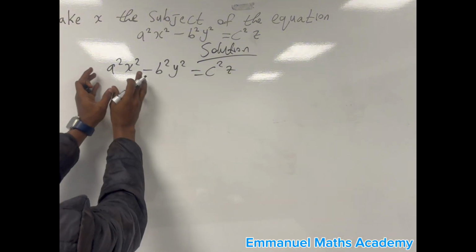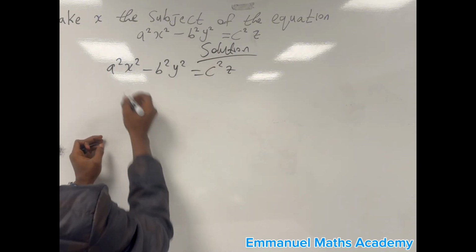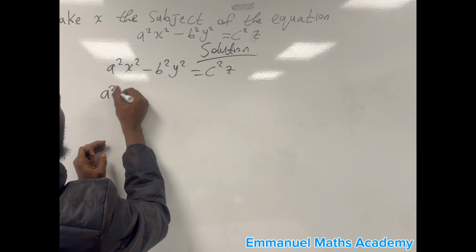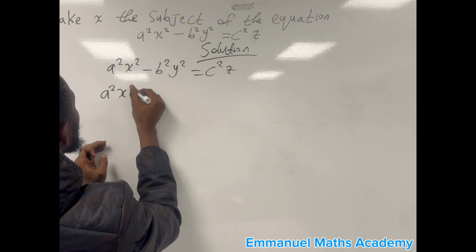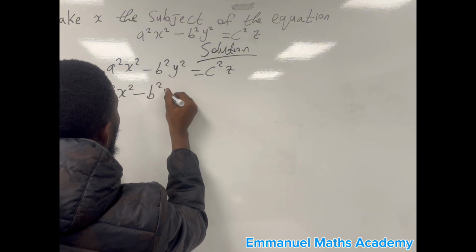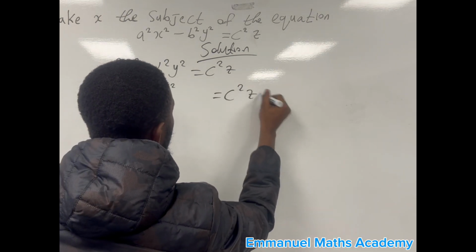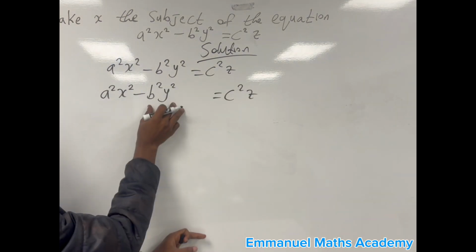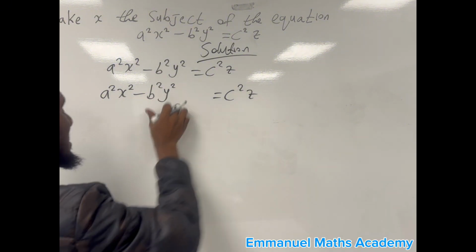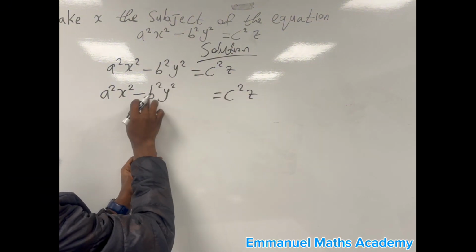Right, so first of all, we have to move this to this side. So you multiply both sides with what you have here. We have a squared x squared minus b squared y squared equal to c squared z. Since you want to eliminate this, in fact, you want to take this to this side, we'll be multiplying both sides with the inverse of this.